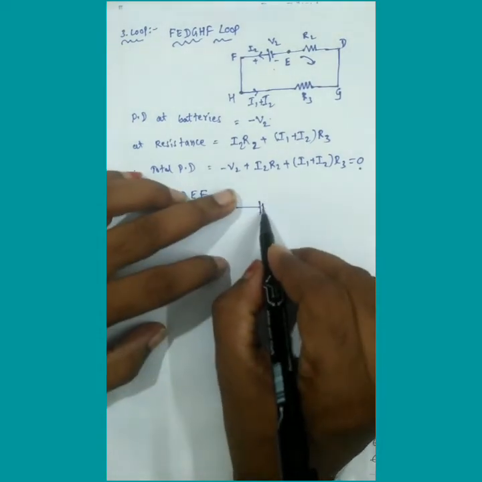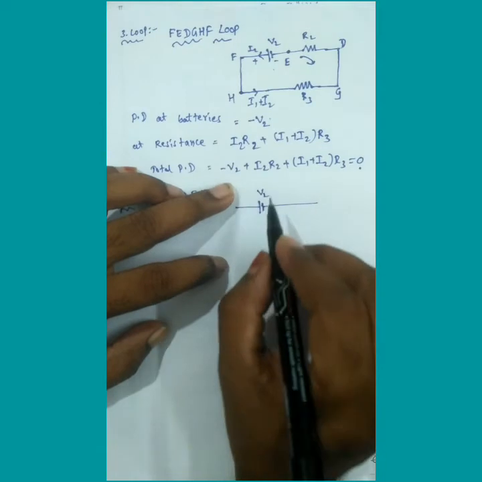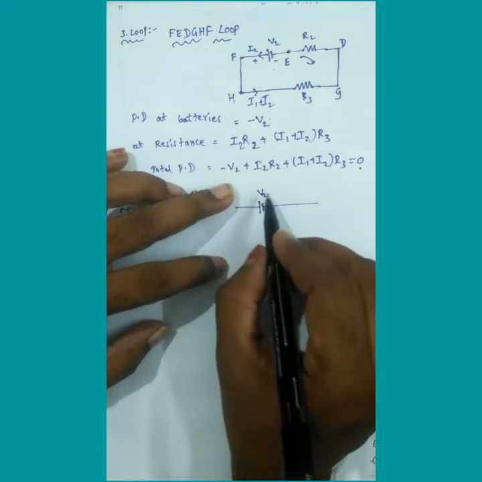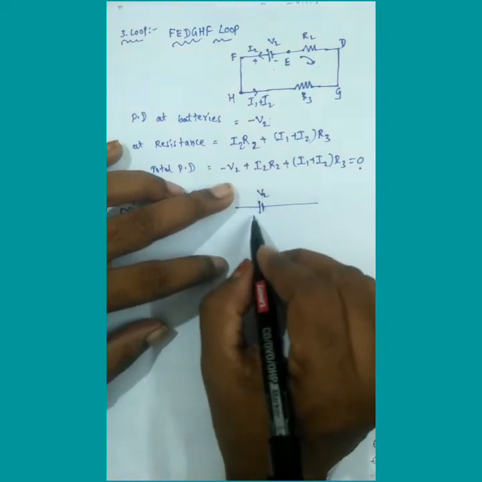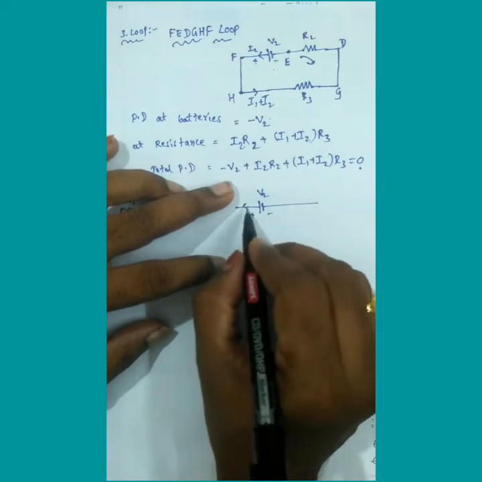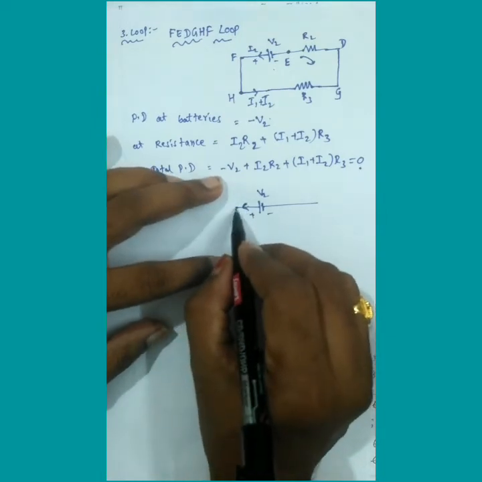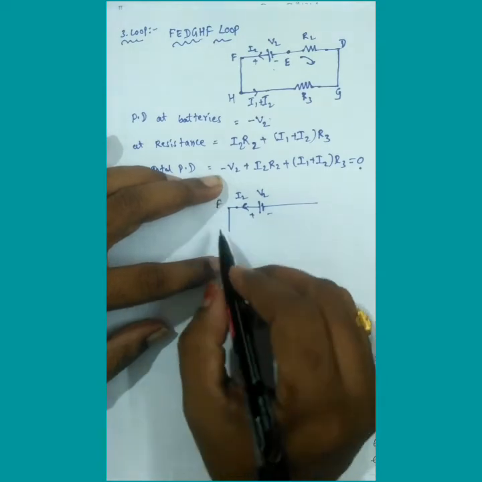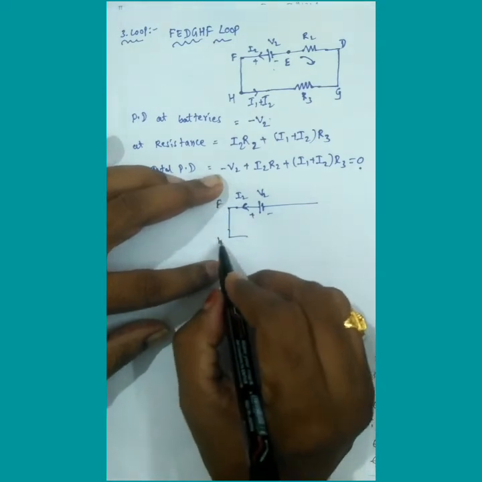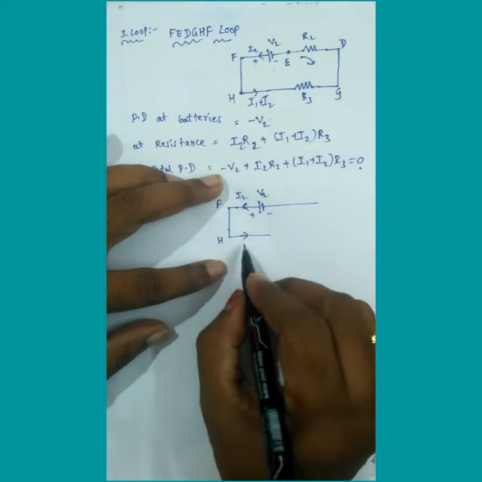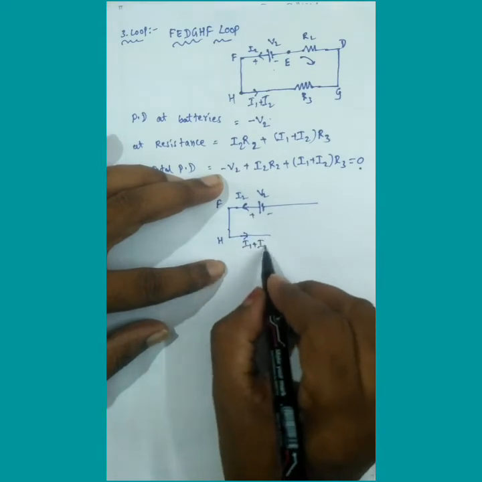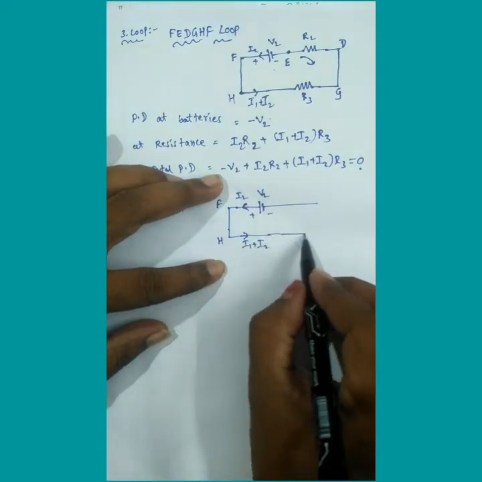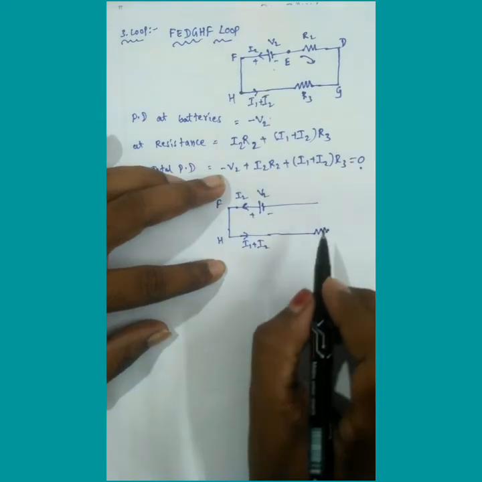This is the second battery. The potential difference, the EMF, is V2, and this is the positive terminal, negative terminal, with the current flowing direction. I2 is the current and F is the point we are taking, and H. The current flowing along this direction is I1 plus I2 because of the two batteries, and there are two resistors we are using.